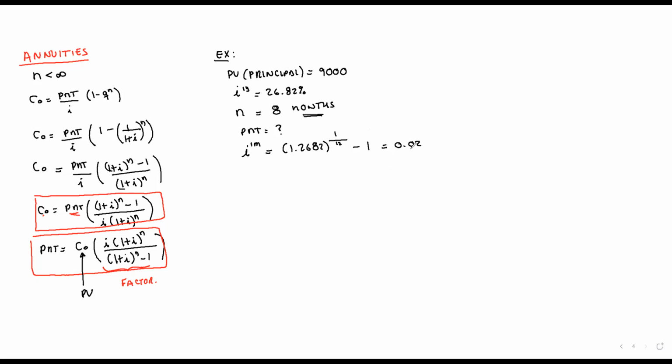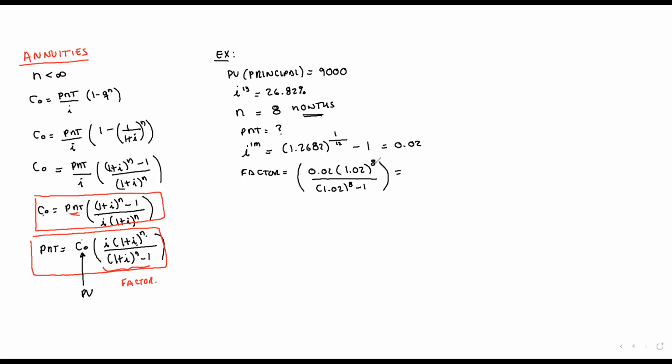Now, once you have this number, you have n, you have the interest rate, and you have the principal, so you can compute the payment. Let's compute first the factor. My factor is going to be equal to 0.02 that multiplies 1.02 to the power 8 divided by 1.02 to the power 8 minus 1.